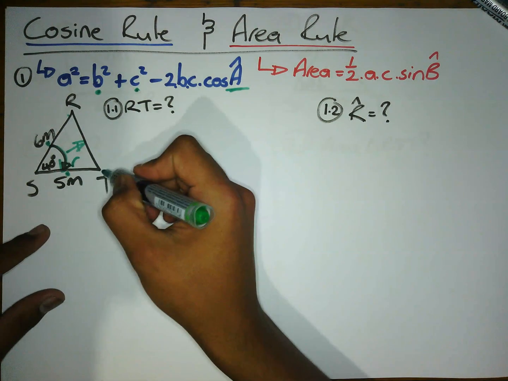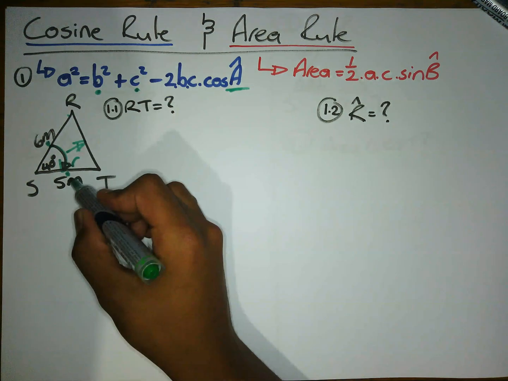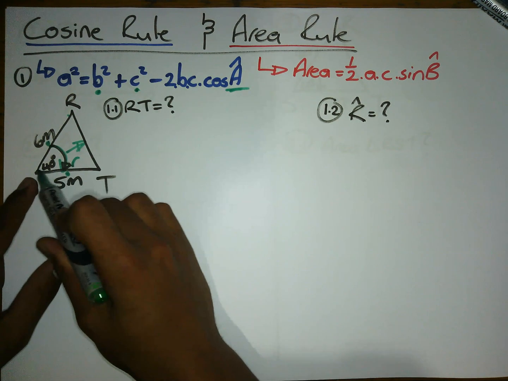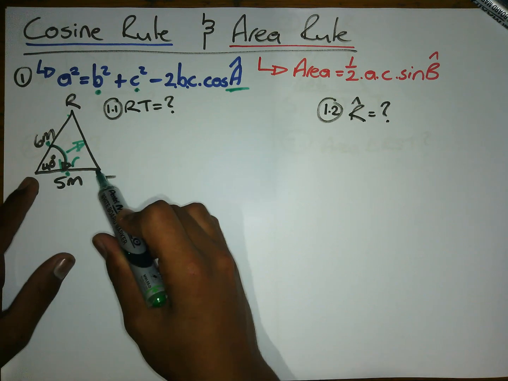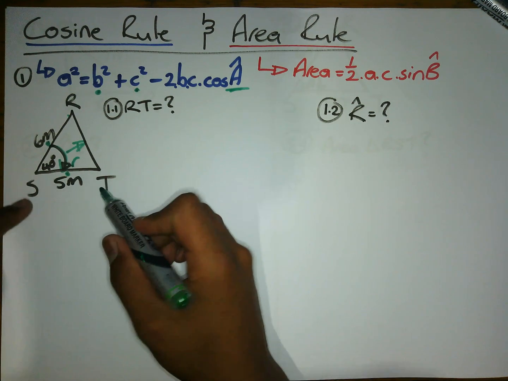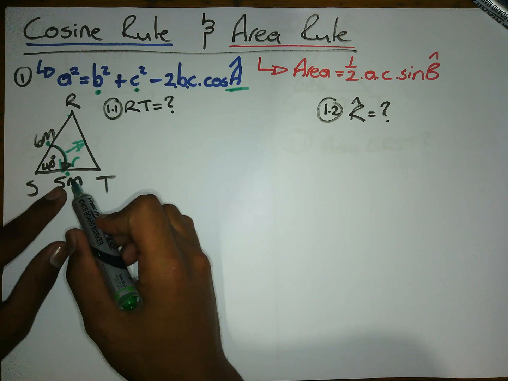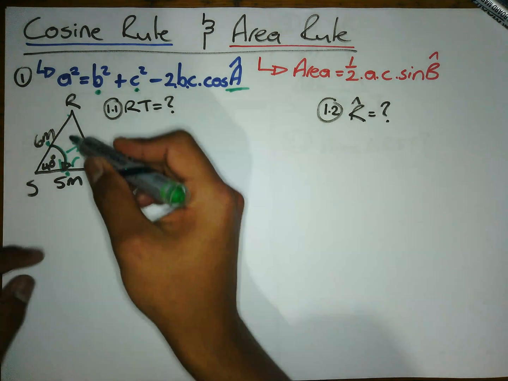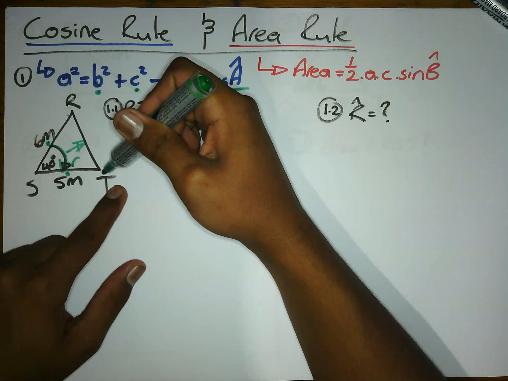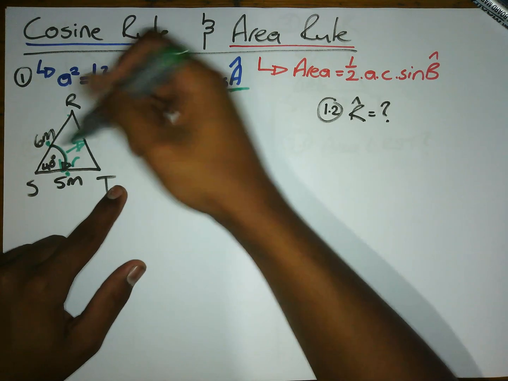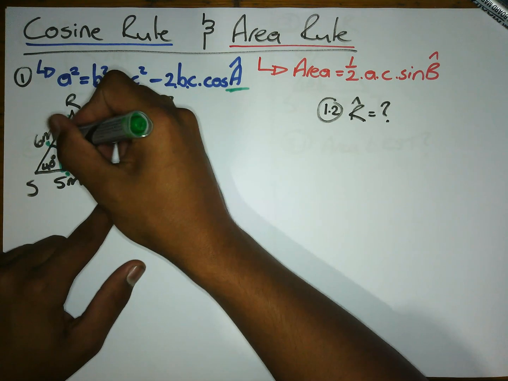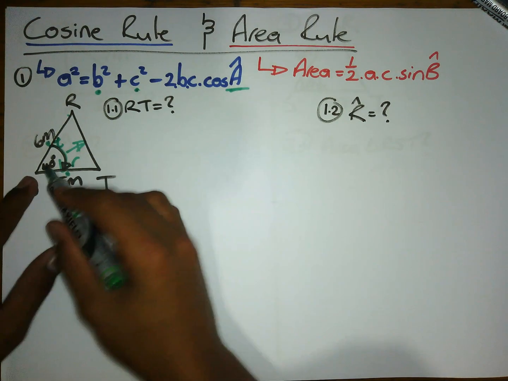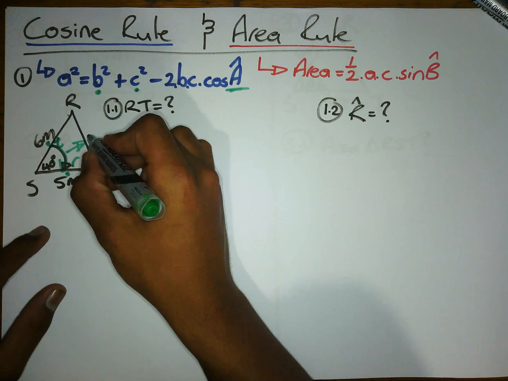So the name of this length here, we can either call it ST, but we're going to call it small r. The next one will be opposite T, which is going to be our small t. Opposite S, our angle S, will be small s.